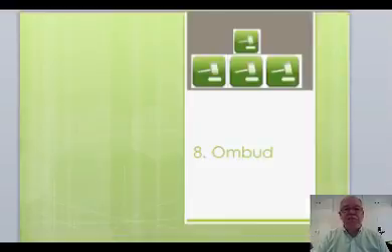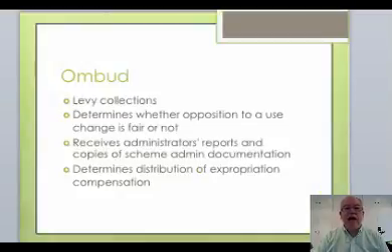And then the position of the individual ombuds, which we expect to be at provincial level. One of the things introduced by Parliament was that you can take ordinary levy collections to an ombud. I think that's going to be a big change. The Ombud, or an adjudicator appointed by the Ombud, would also be the person who determines whether opposition to an intended use change is fair or not. Before that had to go to the magistrate's court.